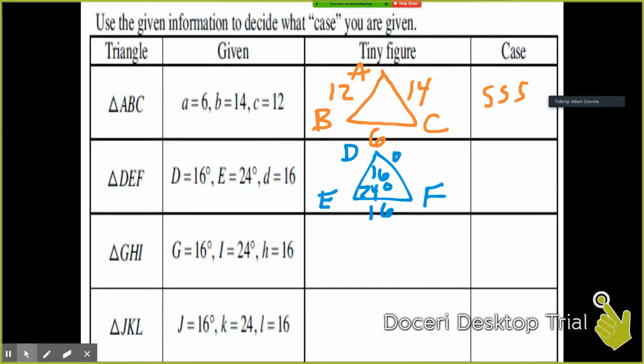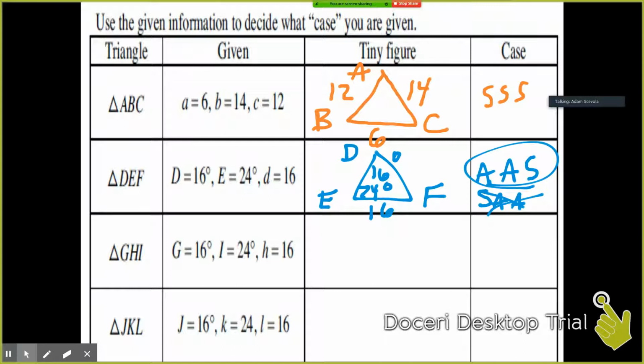So what's the case here? You're given two angles and the side. The side that you're given is not in between the two angles. So this would be the angle, angle, side case, not angle, side, angle. Side, angle, angle is the same thing as angle, angle, side. I like to use angle, angle, side because those are my initials, AAS. But side, angle, angle also works.